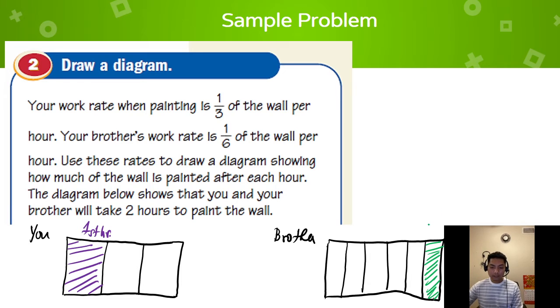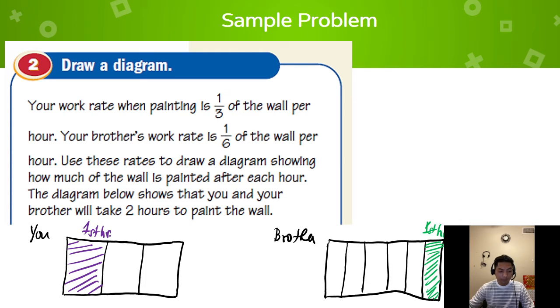This is actually the first hour for your brother. You see the difference? Okay? So your brother can finish the work in 6 hours. So meaning on the first hour, this is the only painted part that he can do. But for you, you can have on your first hour this much in terms of painting the wall.